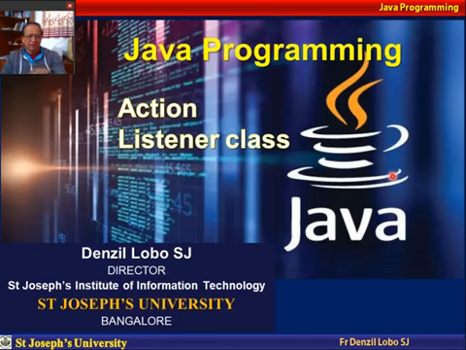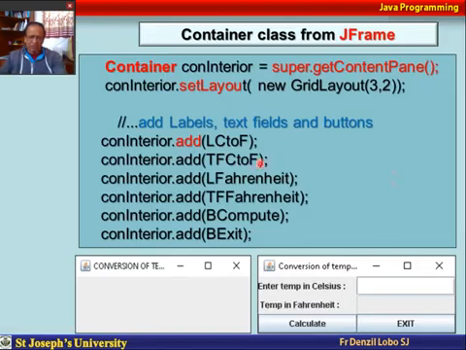In the first session, we created a pane into which we would insert various fields: two text fields, two labels, and two buttons. As we have shown here, we created a container called con interior, and then we said the layout is 3 rows and 2 columns, into which we inserted con interior dot add.